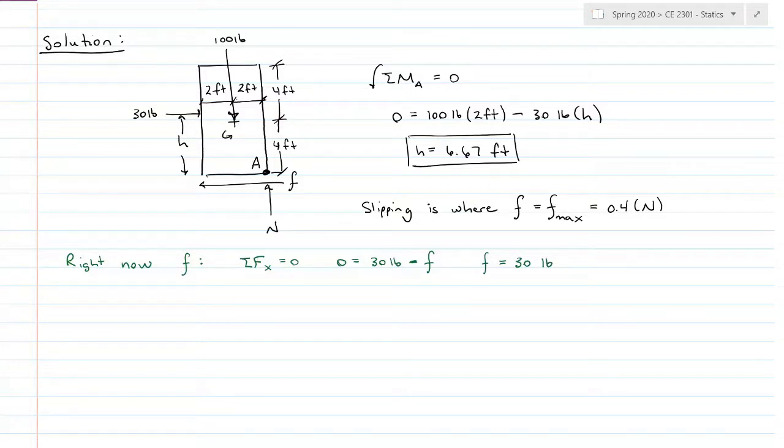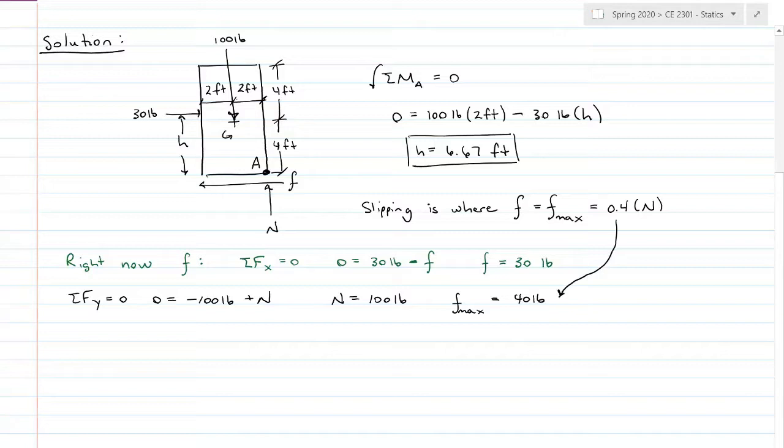All right, and is that motion impending? Okay, well, the next thing I need in order to find F max is the normal force. So I'm going to sum forces in the y direction, and I have negative 100 pounds plus my normal force. Normal is equal to 100 pounds, which means my F max is equal to 0.4 times 100 pounds, which is 40 pounds, right?